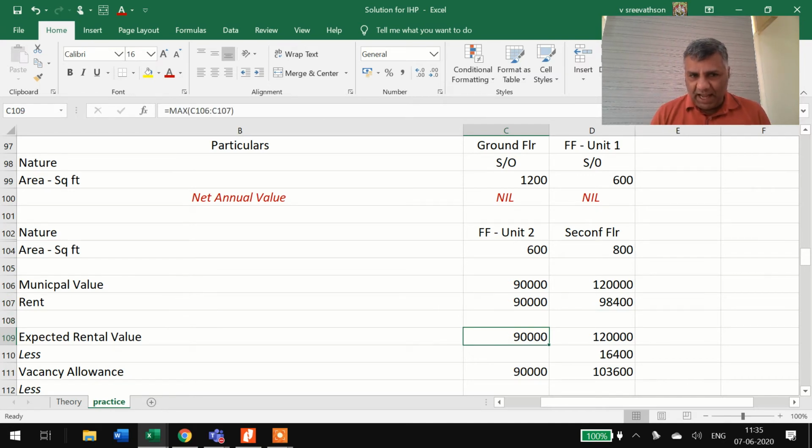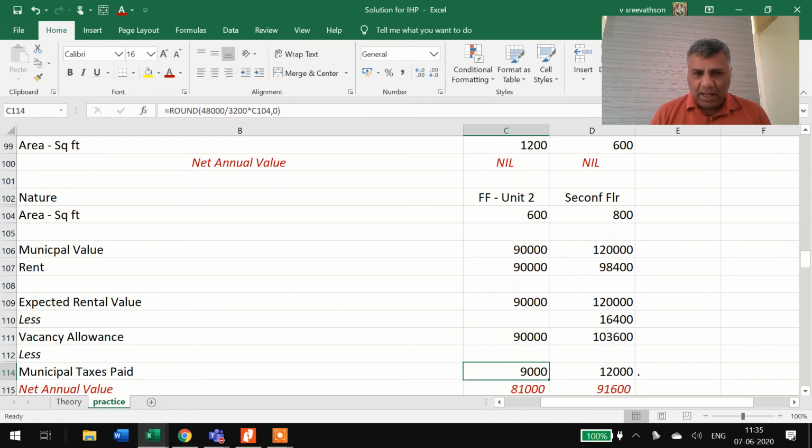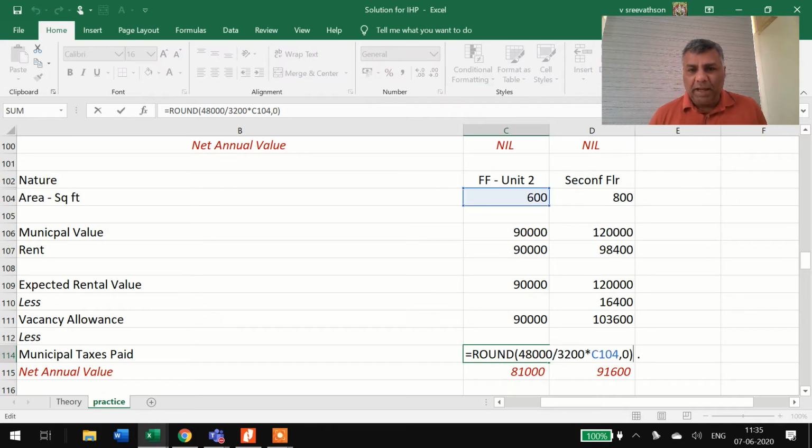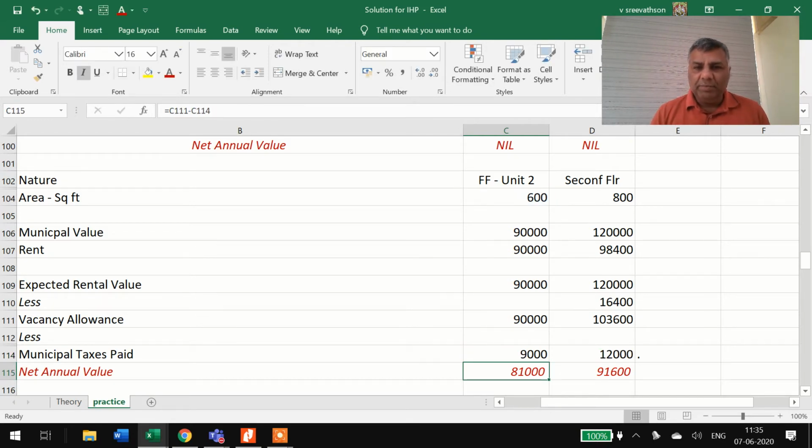Whichever is higher becomes the ERV, no vacancy, and municipal taxes will be 48,000 divided by 3,200 into 600. I'm getting 9,000, leading me to an NAV of 81,000.